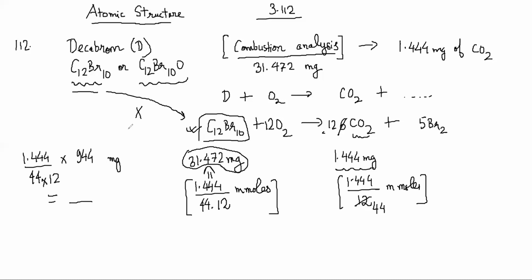So the only point here to worry about is the weight of CO2 released gives us the moles of CO2. The moles of CO2 released gives us the moles of decabrom. From the moles of decabrom and the weight given, we should get a molar mass, which should match, but it doesn't match this formula. So this is going to be wrong, so it must be this.